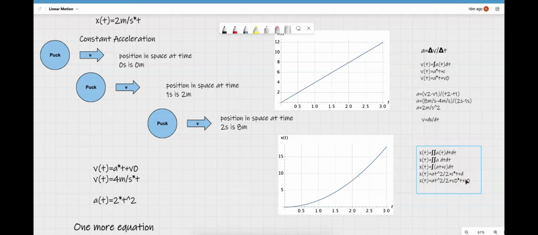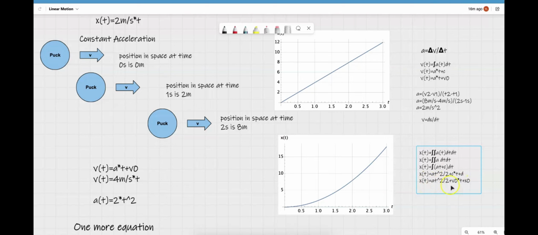Then, if we take the derivative of this equation, we wind up back with this equation, and at time equals 0, this c is v naught as we established before. So, big final equation of motion: x of t is equal to a t squared over 2 plus v naught times t plus x naught.